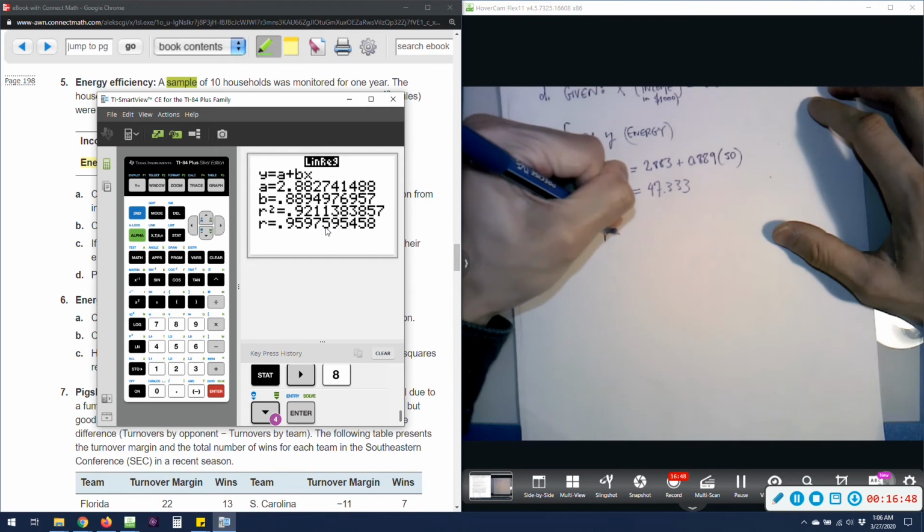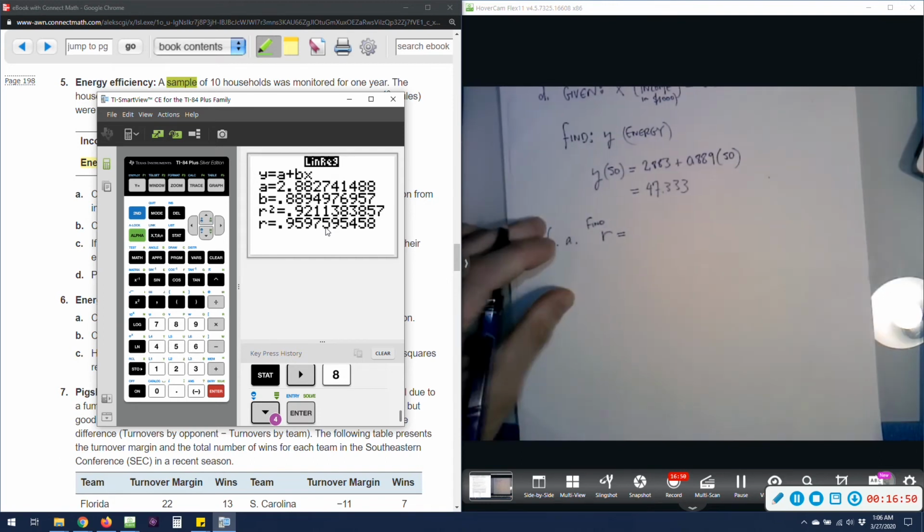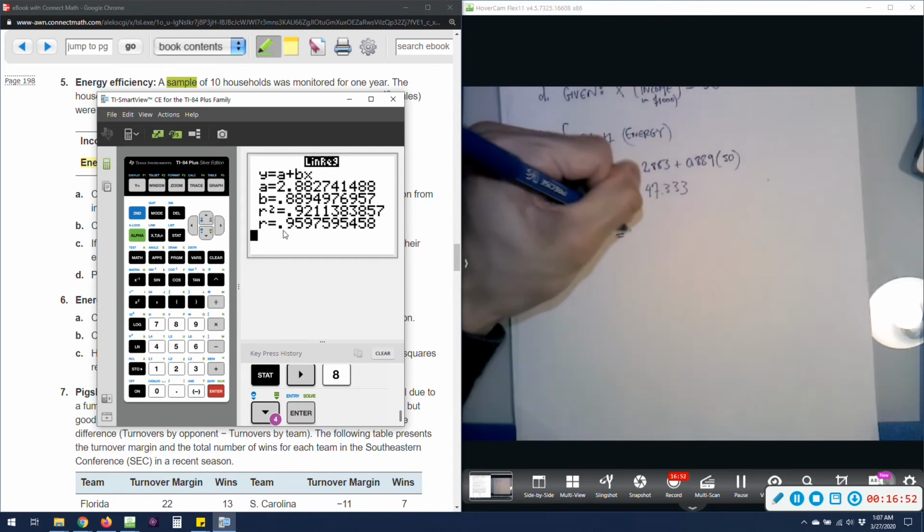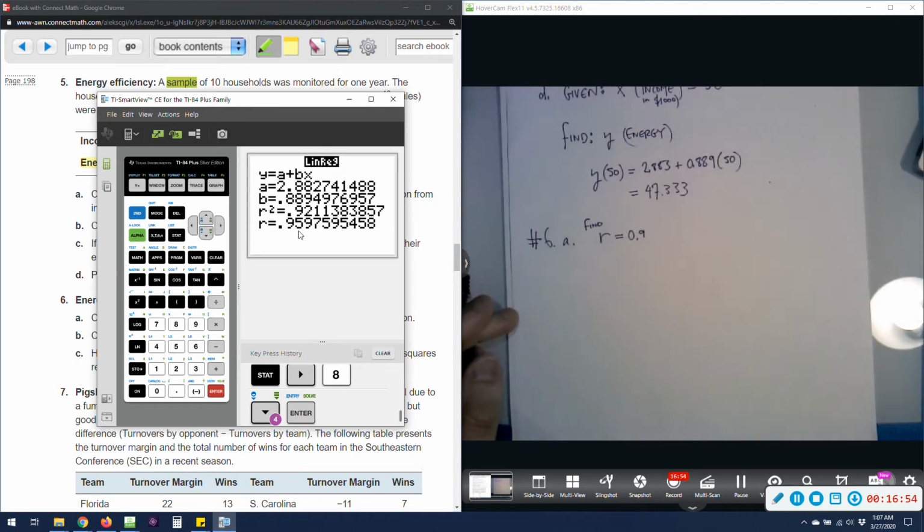Typically I take 3 places, so it's going to be 0.95. Now the next digit is 9, but we only want 3 places, so you check the 4th one. This is above 4, so that means this 9 has to go up.